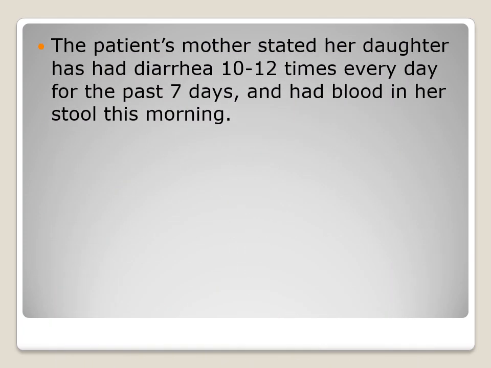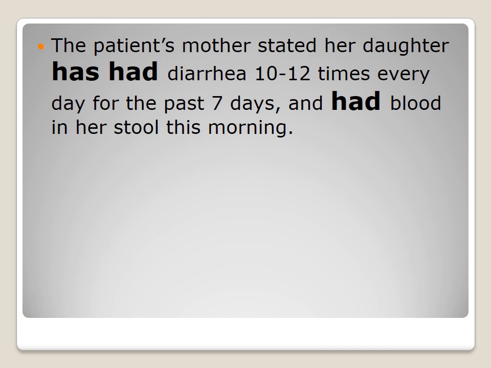In this sentence too, the writer emphasizes objectivity by saying the mother said something, rather than stating the diarrhea as a fact. So the patient's mother stated her daughter has had diarrhea, not the client has had diarrhea. Notice also the switch in tense in this sentence. Has had diarrhea, that's the present perfect.